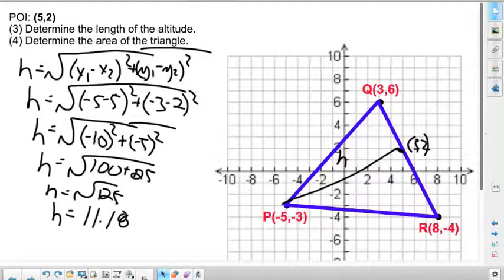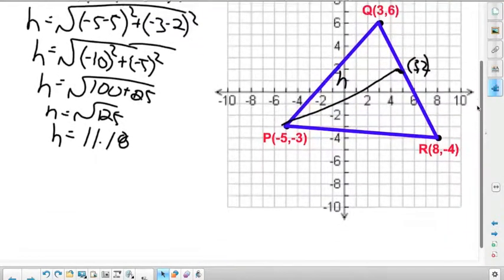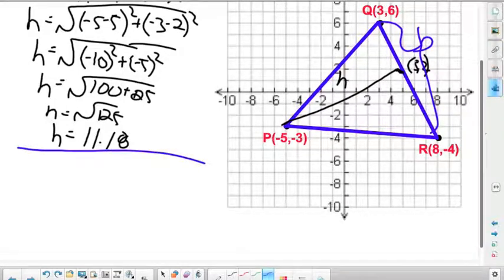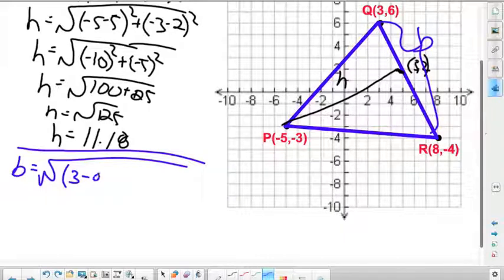What else do we need to calculate the area of the triangle? We need to determine the area of the triangle, so what other measurement do we need? Yeah, we need this 11.18. So we need to calculate the length of the base. So the base is equal to the square root of (3 minus 8) squared plus (6 minus negative 4) squared.